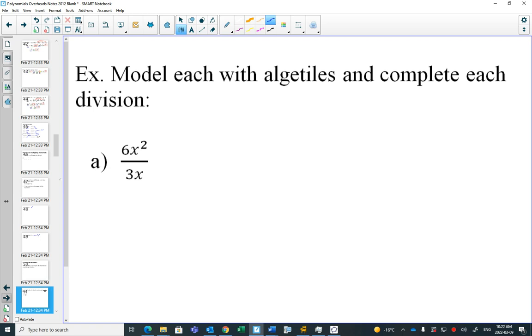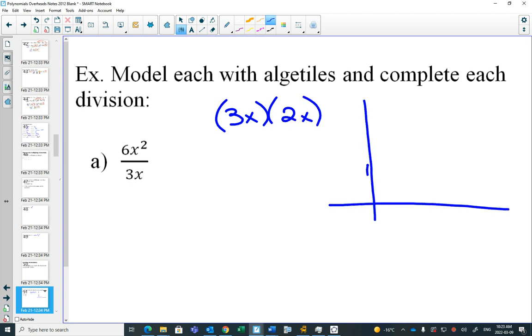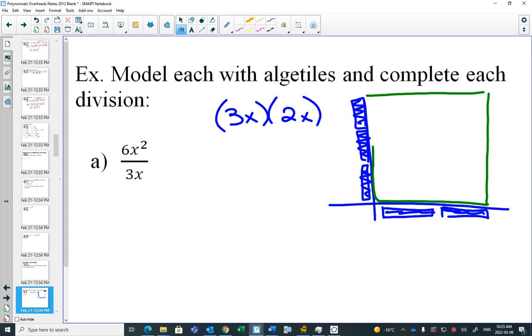So in algetiles, if I had 3x times 2x, I could draw that, and some of your homework will have this. You'd put 3x along one side, they'd be shaded in, and 2x along the other side flat, and they would be shaded in. And the area that this shape makes is the answer when you multiply.